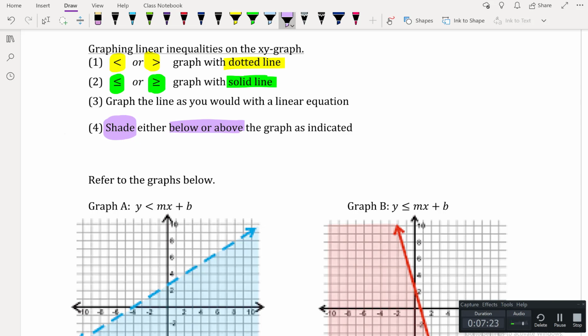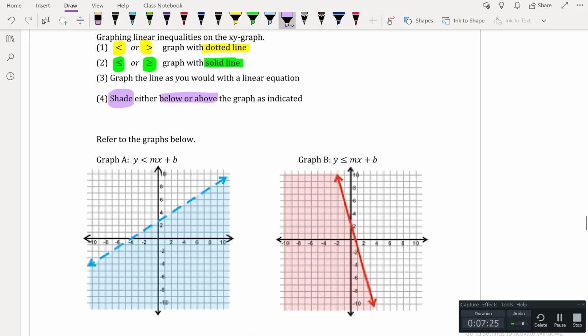So just to give you a generic explanation here, remember that whenever we graph, we use y is equal to mx plus b, where m is our slope, and that our b value here is the y-intercept.